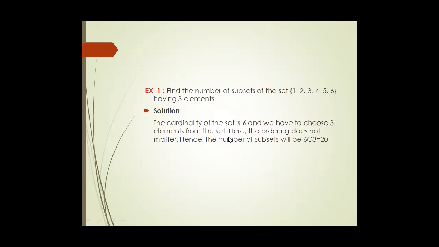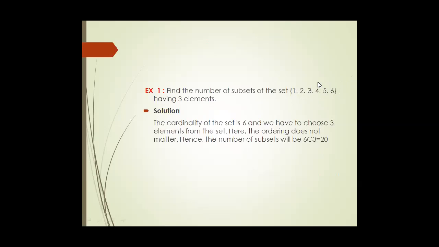Find the number of subsets of the set {1, 2, 3, 4, 5, 6} having exactly three elements. What is the cardinality? Cardinality means the number of elements in a set.